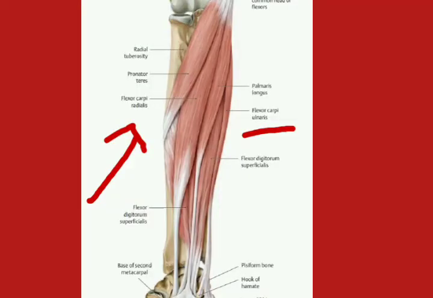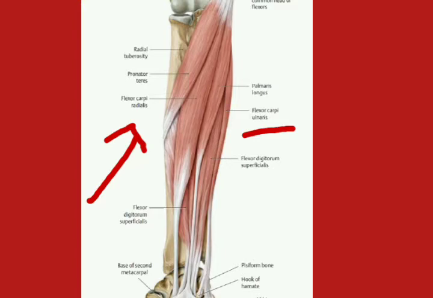Now in this segment we talk about wrist flexion and wrist extension. In wrist flexion, flexor carpi radialis and flexor carpi ulnaris help to do the wrist flexion.